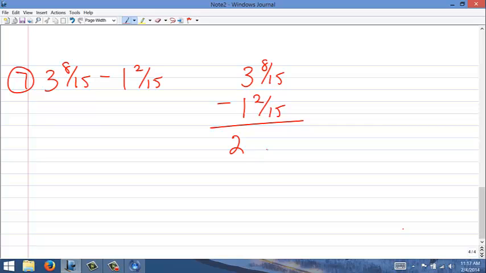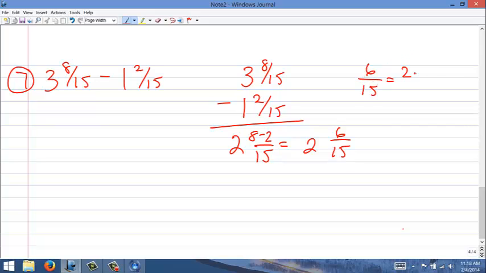Again, we're lucky we have a common denominator, so we know our final answer is going to be over 15. So all we have to do is subtract the 2 from the 8, which gives us a 6. And so again, does this guy reduce, 6 over 15? It does, so we should do that first.